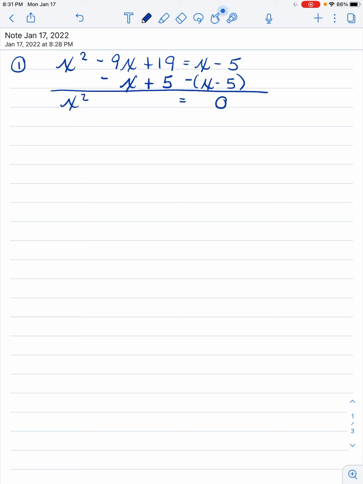I have x squared minus 10x plus 24 is going to equal 0. Now, I've got to factor this trinomial into two binomials, which when multiplied together are going to give me 0.